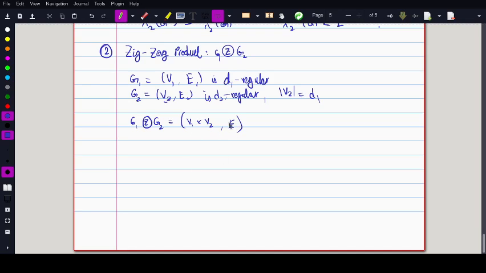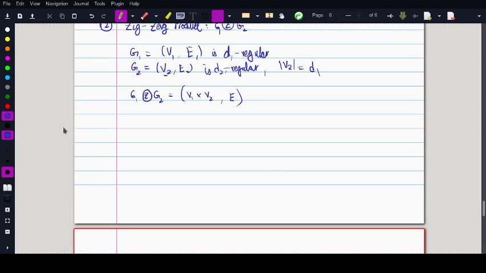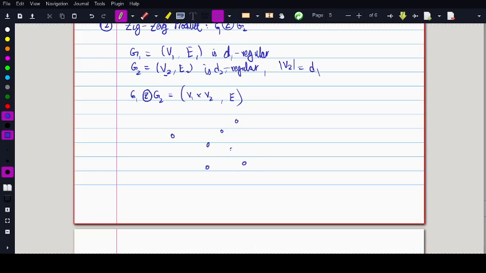Describing the edge set requires a bit more work. Let's say this was G1. When constructing the zigzag product, you replace each of these nodes with a replica of the bigger graph.